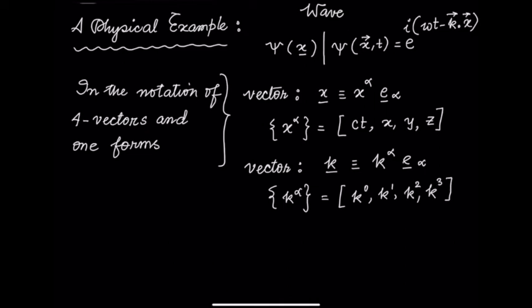But what are these? k0 is omega by c, k1 is kx, and this x suffix doesn't mean that it's a component of a one form. This just is the component of the 3 vector.